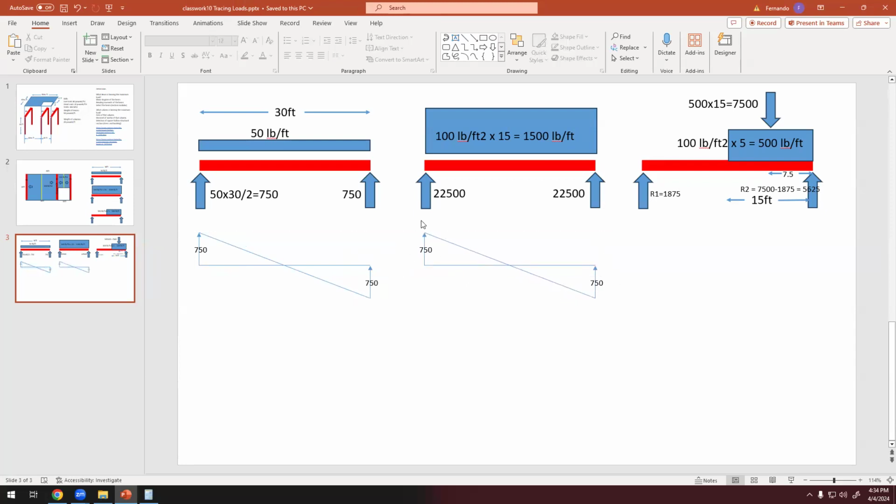Okay, so now this arrow is not 750, it's 22,500. And this arrow is the same.